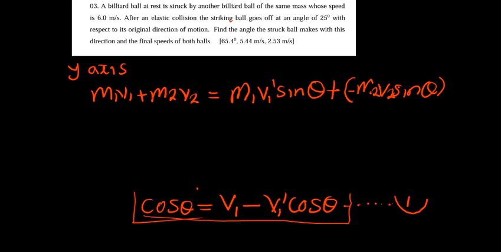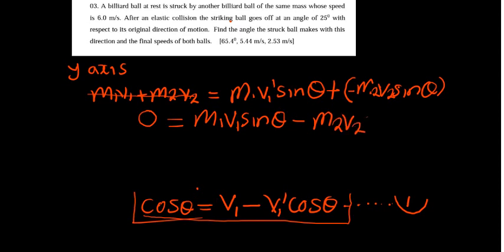Okay, so initially we know that there was no motion in the y-axis. Therefore, this whole thing we're going to cancel, so on this side we're going to have 0. 0 is equal to m1 v1 final, sorry, I wanted to say cos, this time it's sine. It's going to be m1 v1 sine theta minus m2 v2 sine theta.